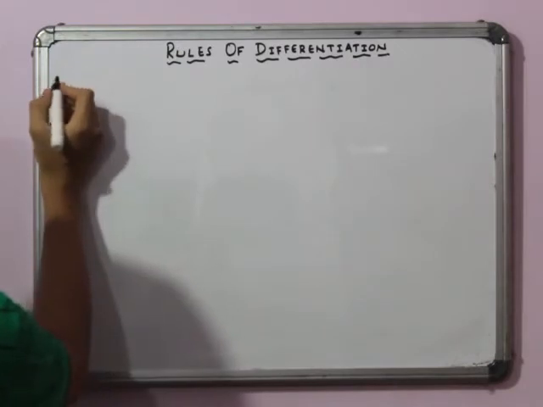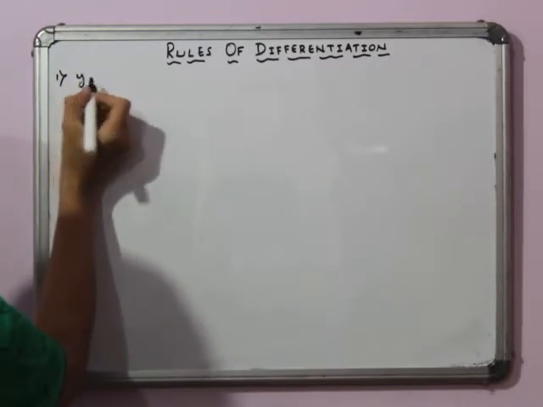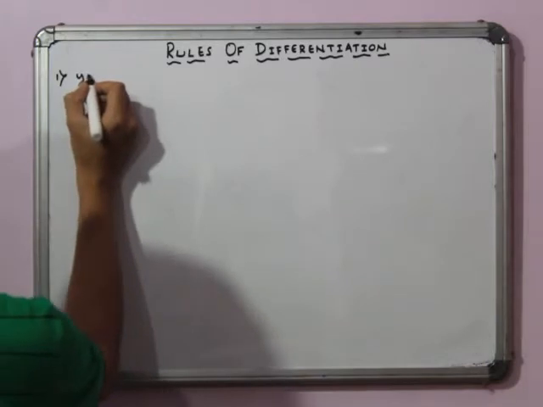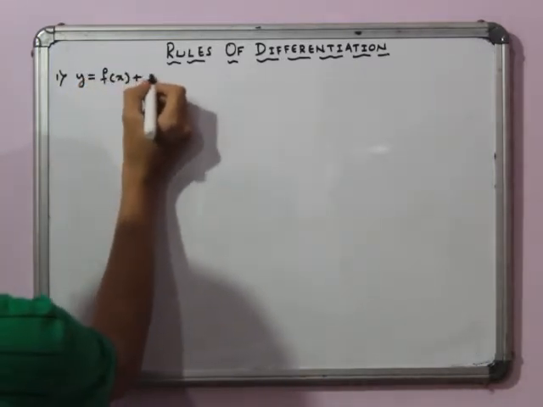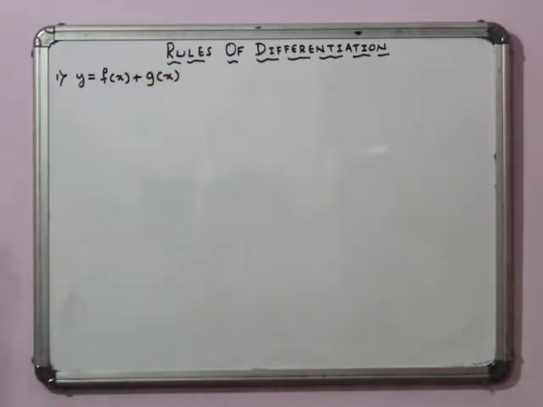So the first rule of differentiation, this is the first rule. If I have two functions, say y is equal to f of x plus g of x. In this case, f of x is a function and g of x is also a function.